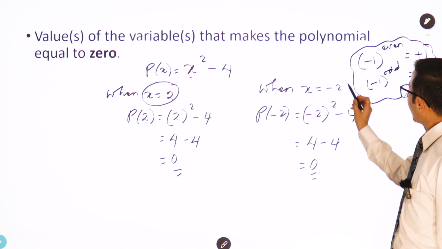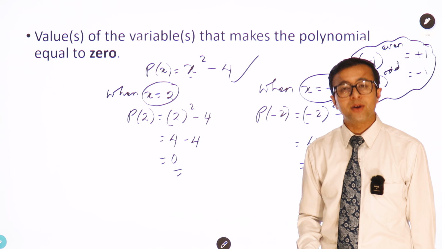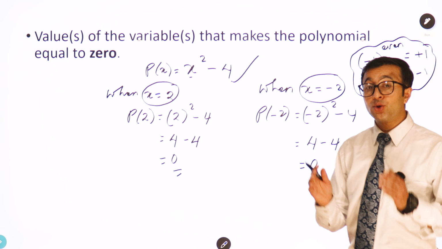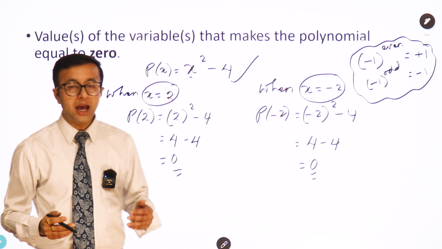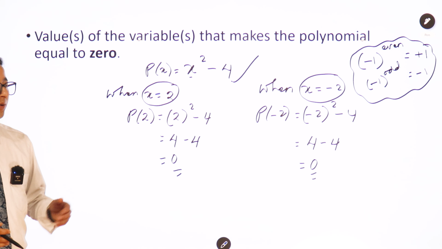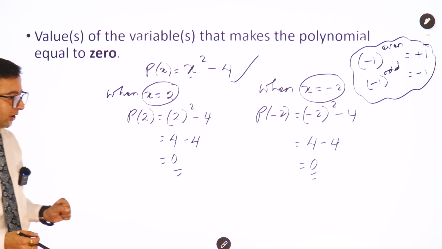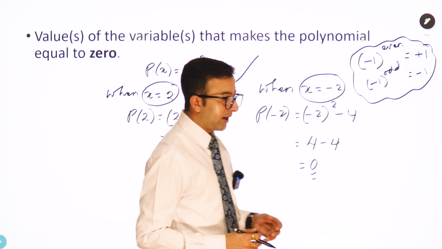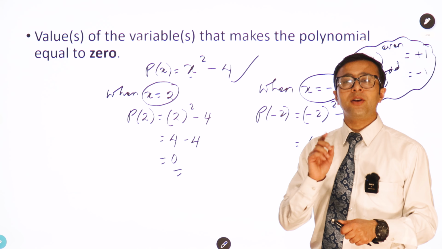So here we can see that this quadratic polynomial has two zeros. It means that in this polynomial we have two values of the variable which make the whole polynomial's value 0. In the previous examples of linear polynomials, we found only one zero.